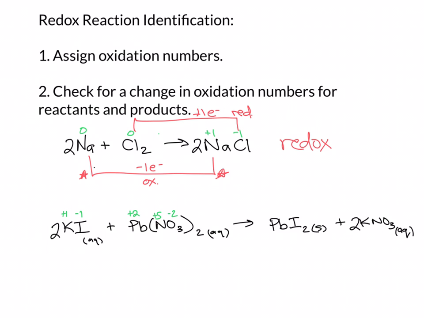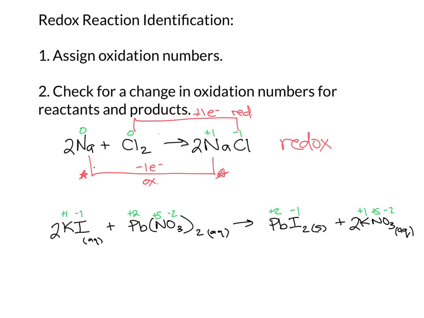Okay, if we come over here to the right-hand side of the arrow, the lead ion is going to be +2 oxidation number because there are 2 iodides with a -1 oxidation number each. And with potassium, once again, +1, and the same oxidation numbers for the nitrate ion here on the right-hand side.